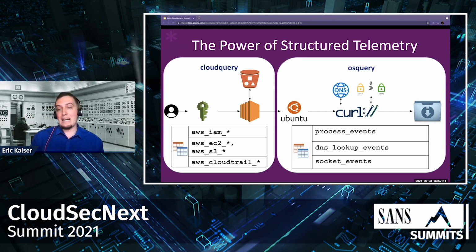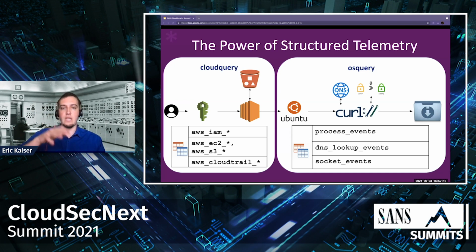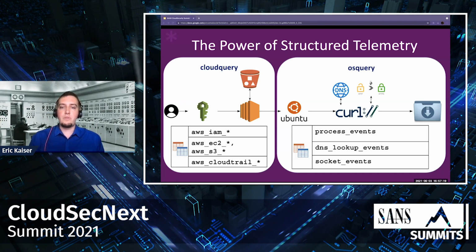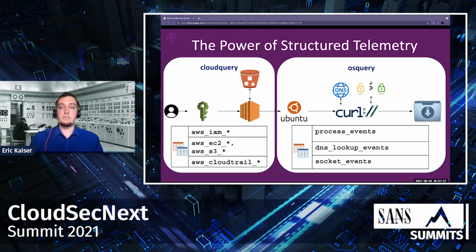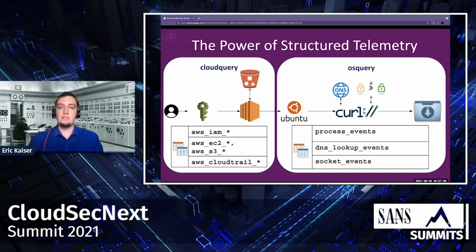Additionally, if the file was copied, for example, if the file was copied out of an S3 bucket and to the actual endpoint before being shipped off with curl, you can access the process file events table to see all of the copy, move, open events that happened on the endpoint.